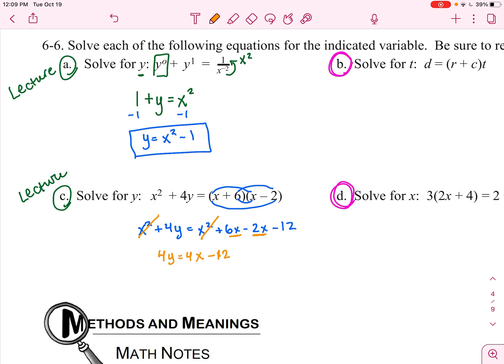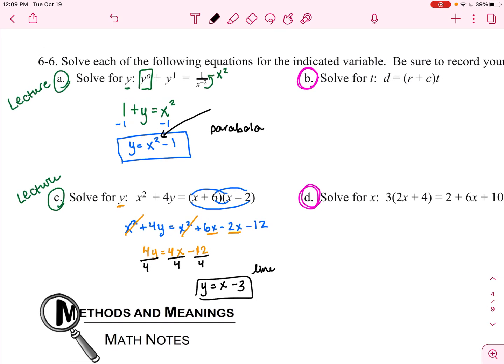We're almost finished. We're solving for y, but y is being multiplied by 4, so let's divide everything here by 4. Y equals x, you could put a 1 there if you wanted to, minus 3. Well, this is actually an equation of a line. Up here for part A, because you see an x squared, that's a parabola.